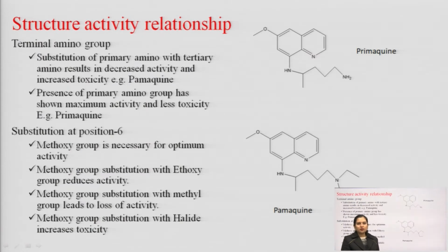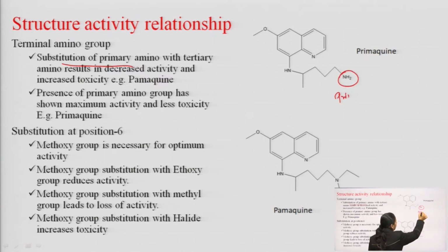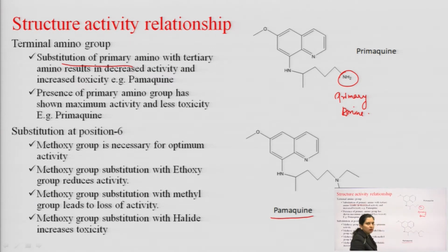Next, we will see the importance of the terminal amino group. We see that if there is a substitution of primary amino with tertiary amino, it results in decreased activity and increased toxicity. In pamaquine, there is a presence of a primary amino group, but in the case of pamaquine, we see that there is a presence of a tertiary amino group.